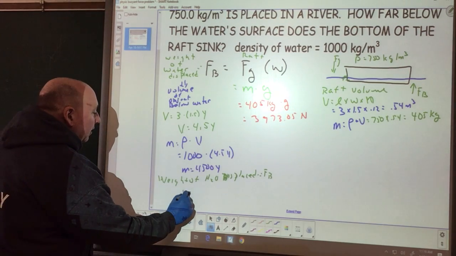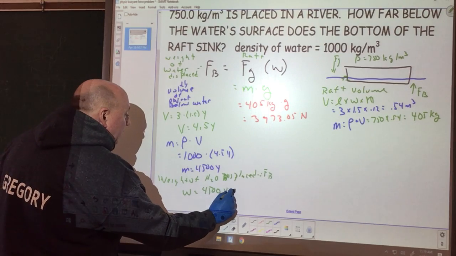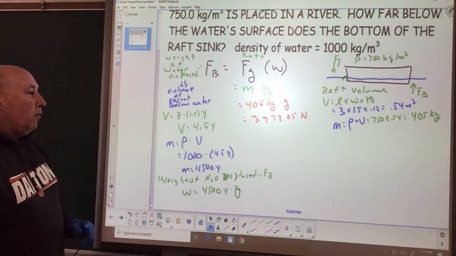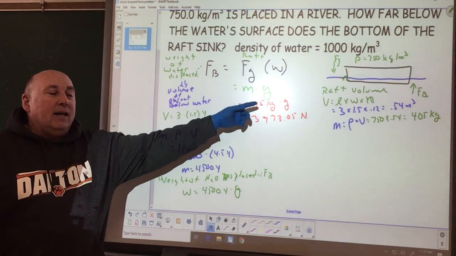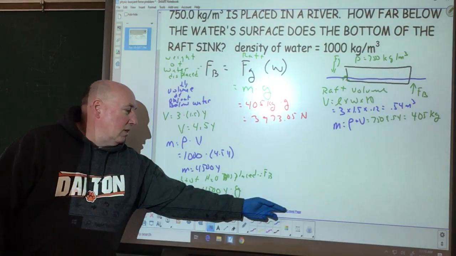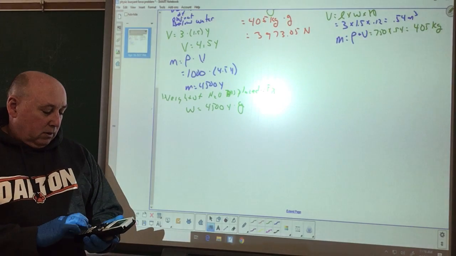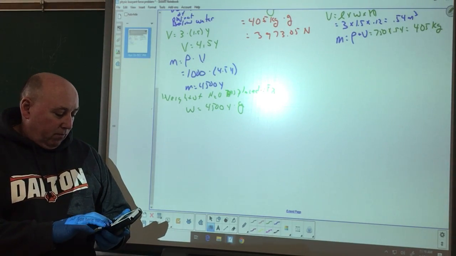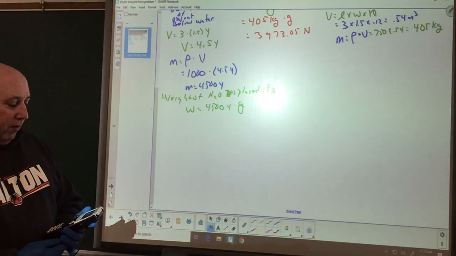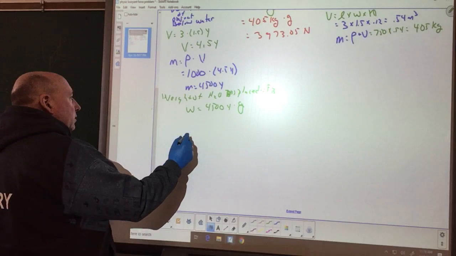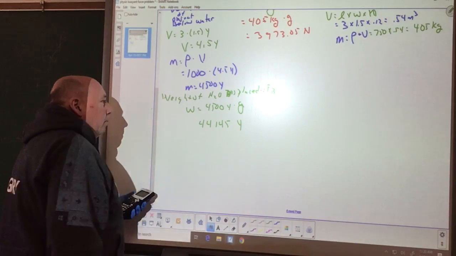So the weight is going to equal 4,500 y times gravity, which is 9.81. And like I said, that's why up here I didn't really want to multiply by g, but I still did. So if I multiply 4,500 times 9.81, we get 44,145 y.